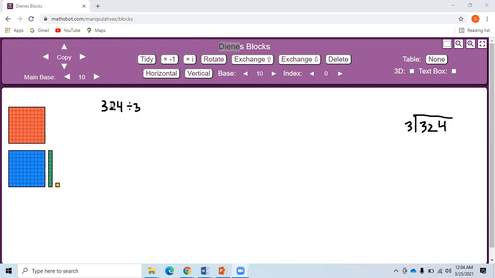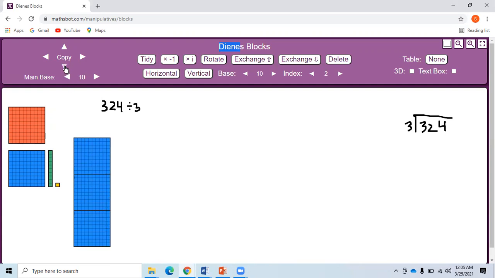Starting again with the blocks, I have 300. So let's create 300s. I have 20, which I could create as 2 10s, and I have 4 1s. My divisor is 3, so I need to create 3 equal rows.